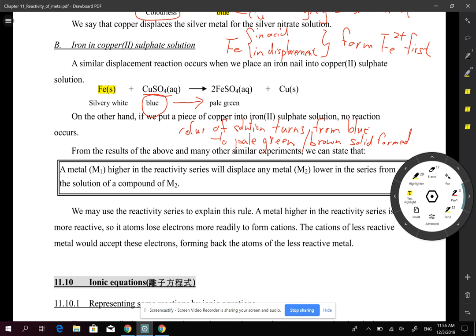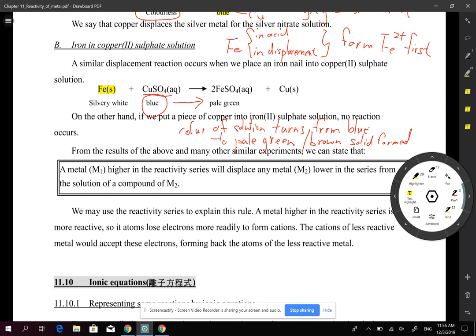What is the color of this one? Colorless. What is the color of this one? Colorless. So will the solution change color? No, but you will observe a gray solid forming on the zinc.